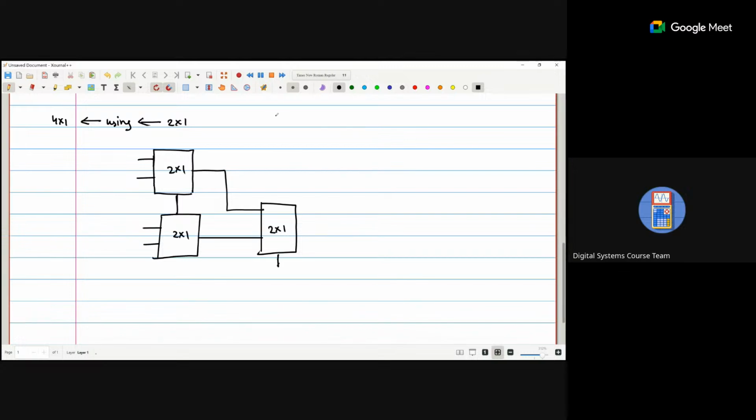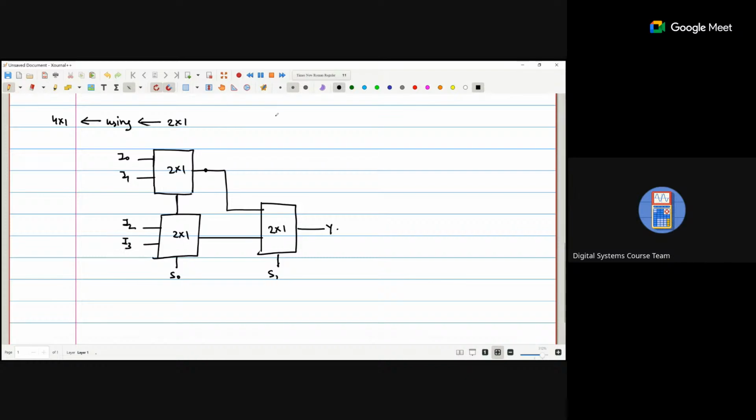This select line is S0 and this select line is S1. So I0, I1, I2, and I3.